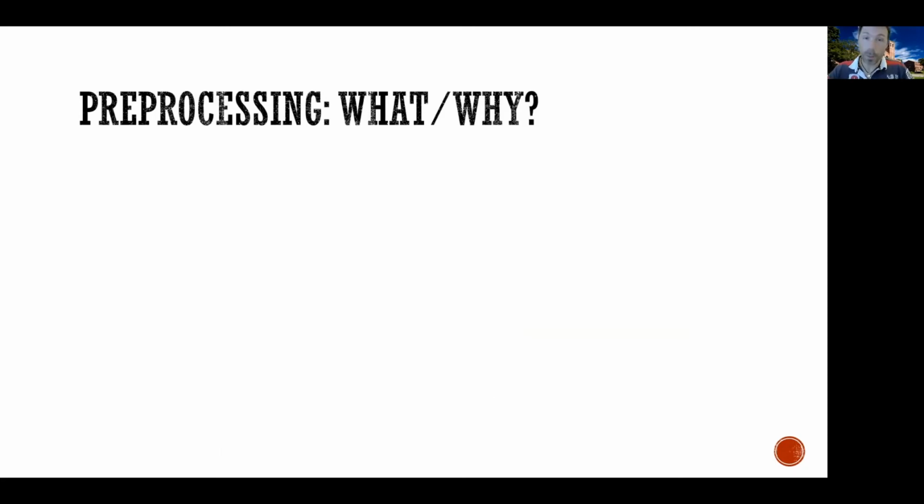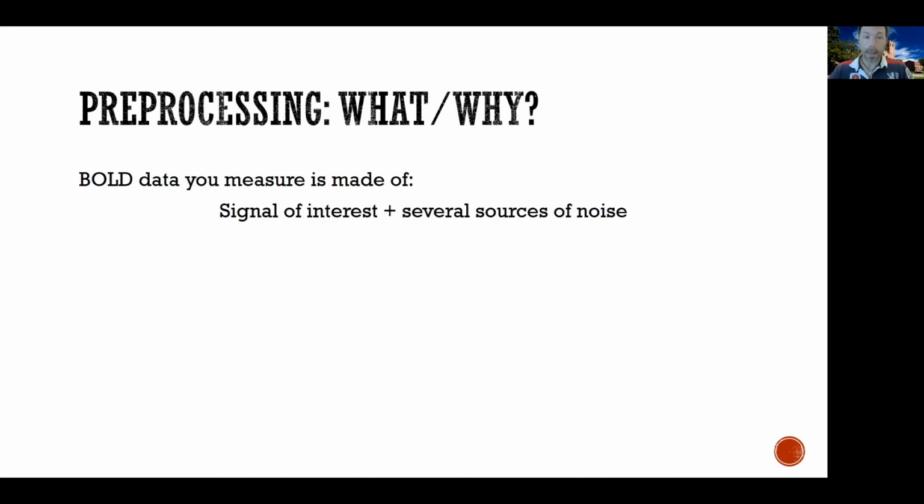So let's start with preprocessing. So what is it and why do we do it? Well, you can think of it this way: those time series that you saw, a series of values for each voxel, you can think of them as made of two main parts. One is your signal of interest, and the other one is noise. What do I mean? Those time series that you saw will go up and down together with some mental activity. That is our signal of interest.